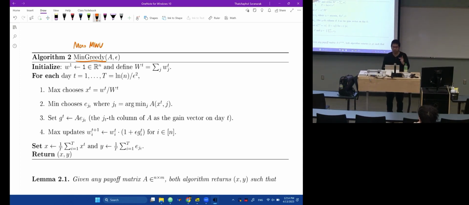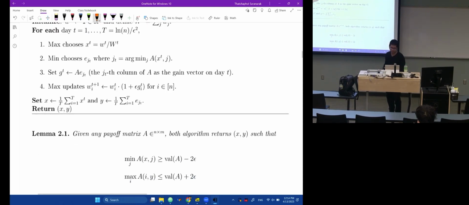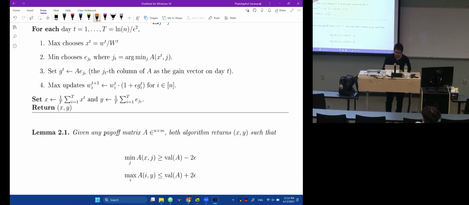And because everything is really symmetric, they guarantee the same correctness. That is, given any payoff matrix A, both algorithms will return x and y such that x is almost the best strategy for max and y is almost the best strategy for min.